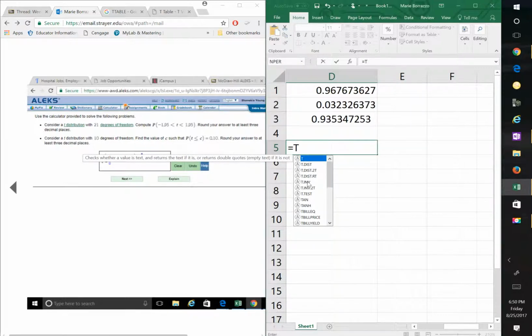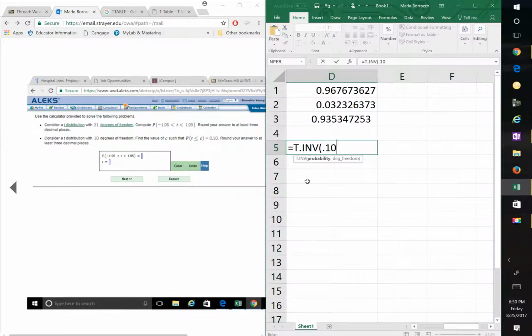So you click t.inverse, double click. So we're going to put in 0.10 for probability, comma 10 degrees of freedom, and enter. And notice that the value is a t value of negative 1.372. It looks like they want 3 decimal places, so that's what your answer is going to be, negative 1.372.